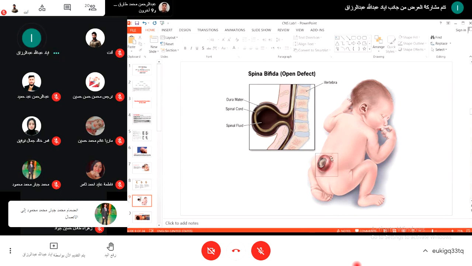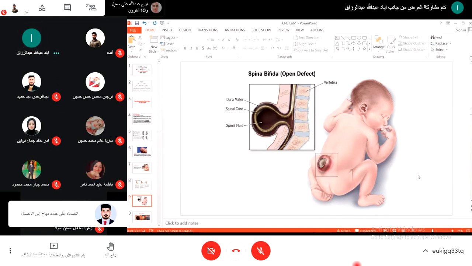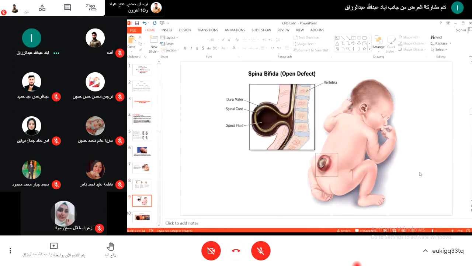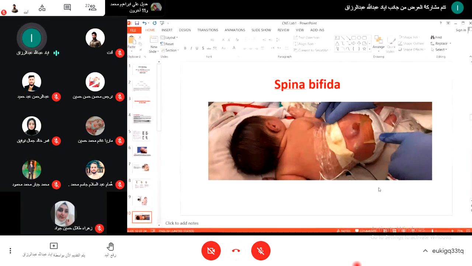And here is another sketch depicting the appearance of spina bifida. Another picture, a real photograph, showing spina bifida.